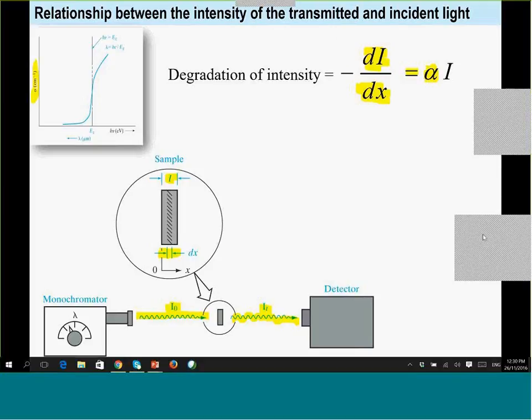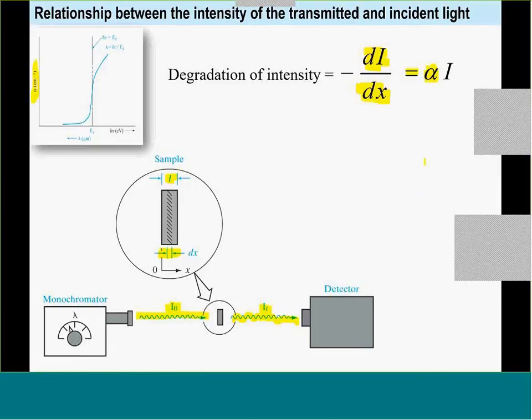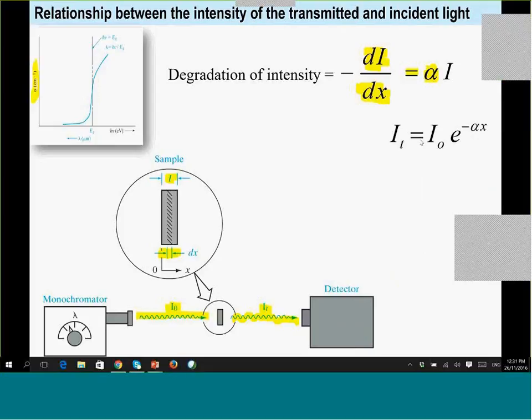Okay, next. What is the solution to this degradation of intensity equation? The solution is I transmitted is equal to the incident intensity multiplied by e to the power of negative alpha x, the length, the width.